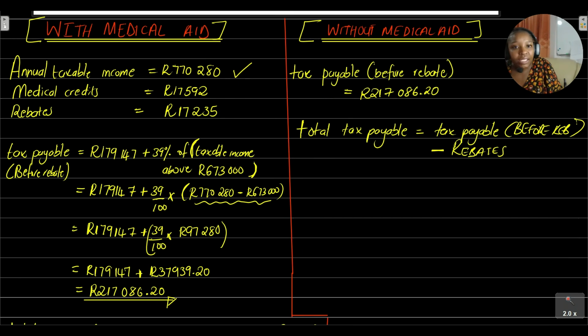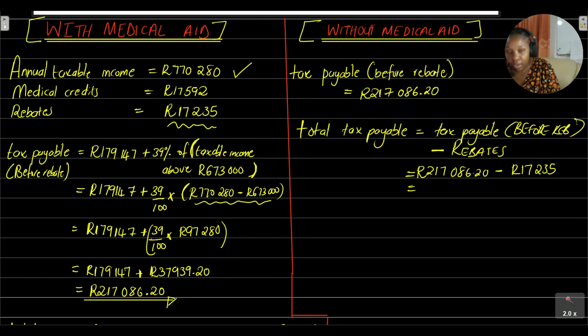So what does this mean? It's just going to be the tax payable of 217,086.20 minus the rebate that it qualifies for, still the same, of 17,235.